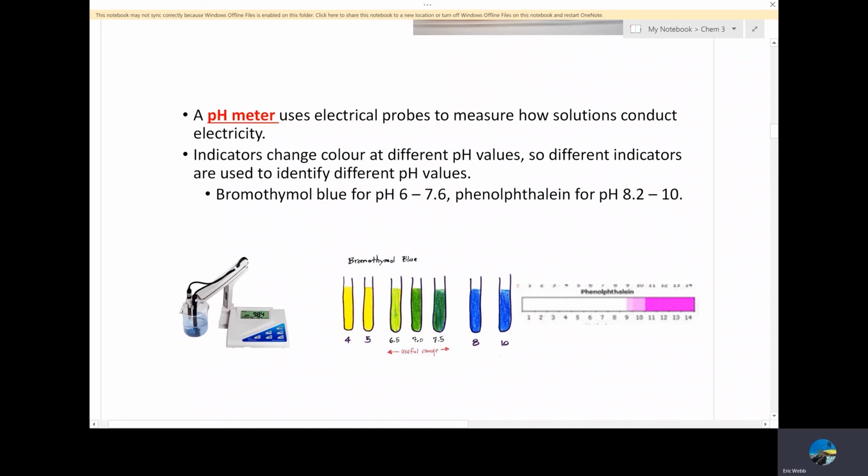Between a pH of 6.5 to 7.5, we see a greenish color change. So we've got a more narrow pH range there. Phenolphthalein is colorless if the pH is roughly below 8, and it starts to turn pink as you hit a pH of 8 and above.